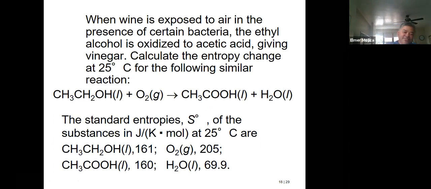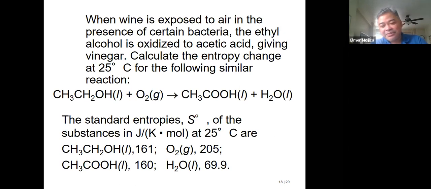When wine is exposed to air in the presence of certain bacteria, the ethanol is converted to acetic acid, giving vinegar. Calculate the entropy change at 25 degrees Celsius for the following similar reaction. If you are a Christian and you're going to have Holy Week next week, I think this is a great example.